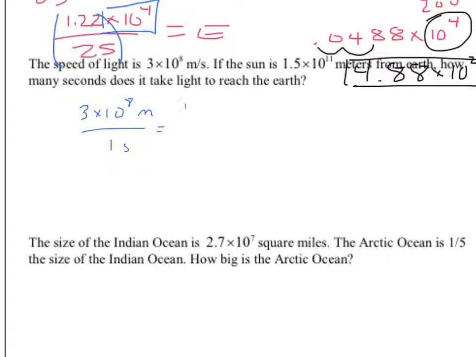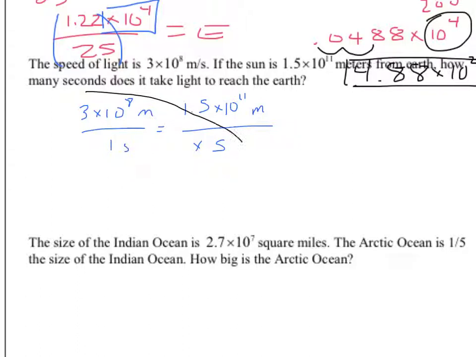I am being told that we have 1.5 times 10 to the 11th meters. Remember, to set up proportions, you have to have same units on top, same units on bottom. I need this to be finding out x seconds.